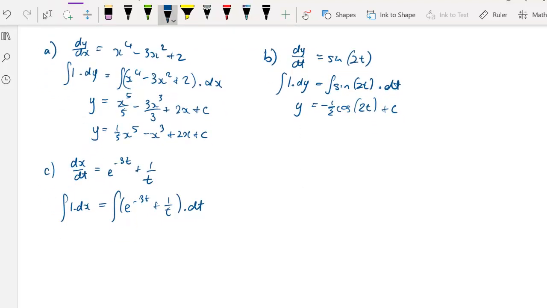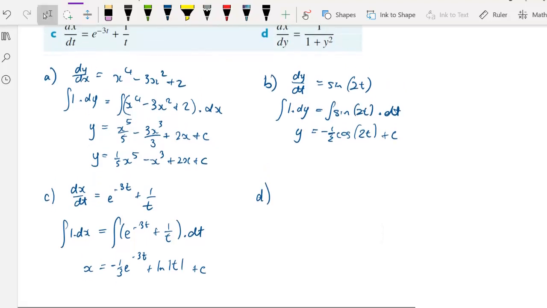The integral of 1 with respect to x is x. The integral of e to the negative 3t is negative 1/3 e to the negative 3t. The integral of 1 on t is ln t. And don't forget the c. So we get our x isolated, and this is our general solution.